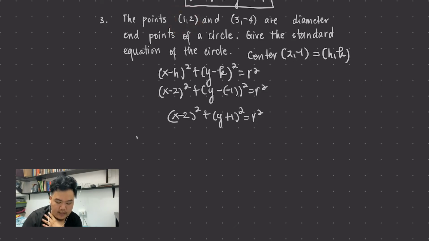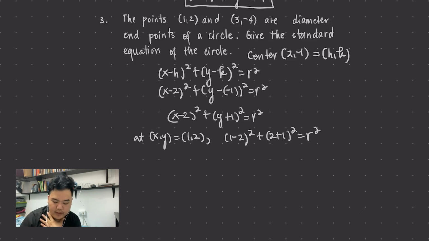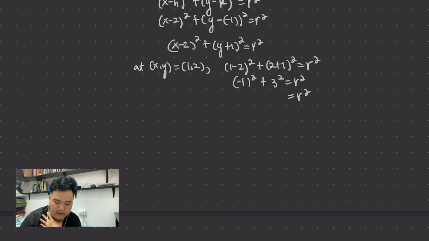So at x equals 1, y equals 2, we get (1 minus 2) squared plus (2 plus 1) squared equals r squared. And we get negative 1 squared plus 3 squared equals r squared. So r squared is 1 plus 9, so r squared is 10.